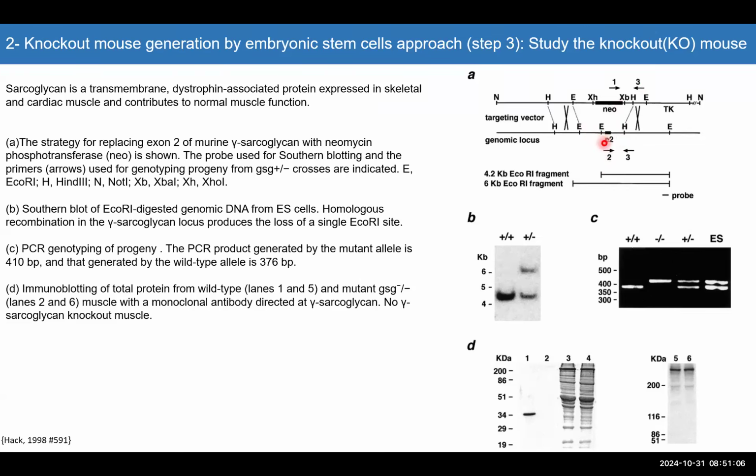On the other side, I will also have to generate a primer specific to exon number 2, and you can see the same primer number 3 is common between the two conditions. Now, when you are genotyping, obviously you can get three possibilities.